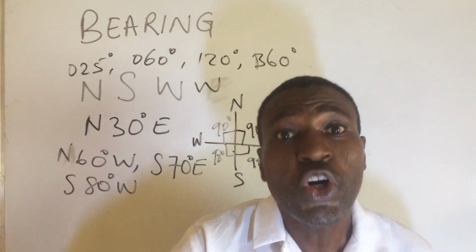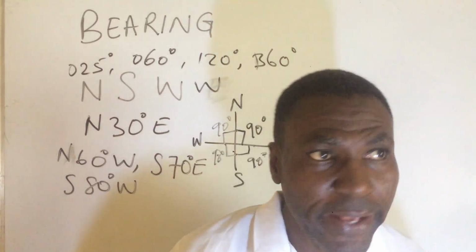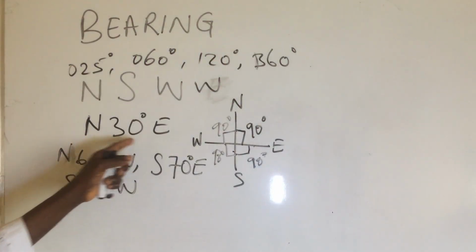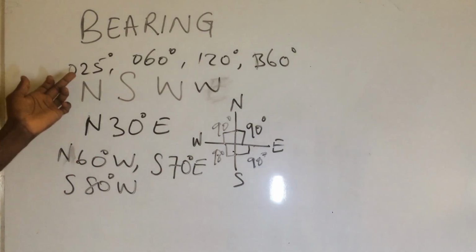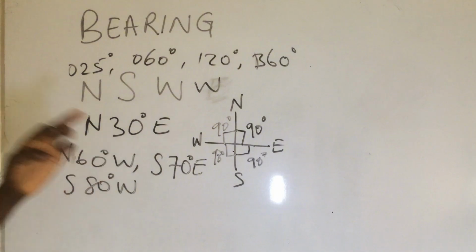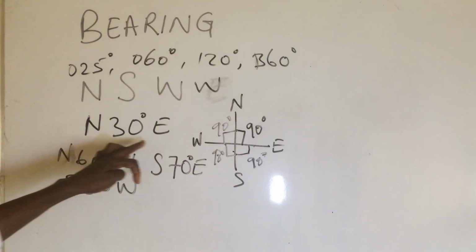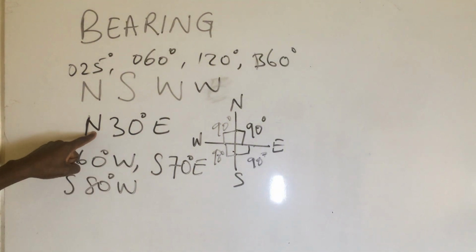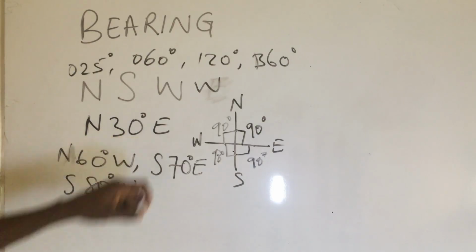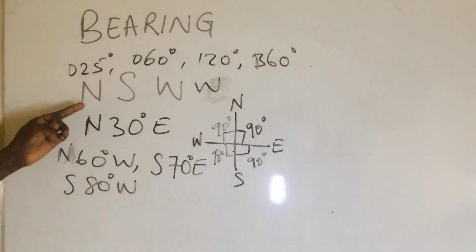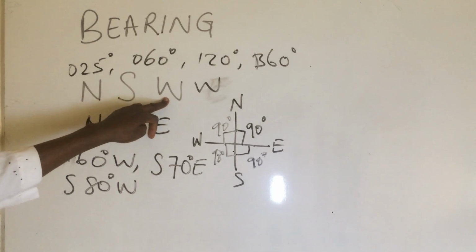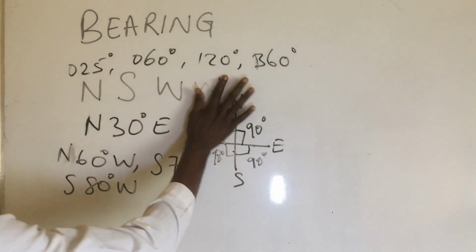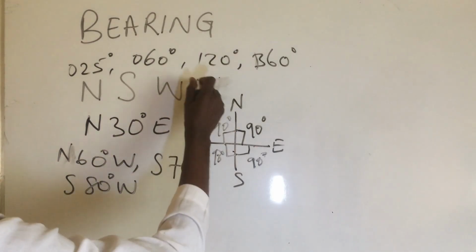Or we can also represent it in another way, like this one. If we don't want to represent it in this form, we also represent our angle in this form, whereby this N stands for north and E stands for east, which we have north, south, west, and east.